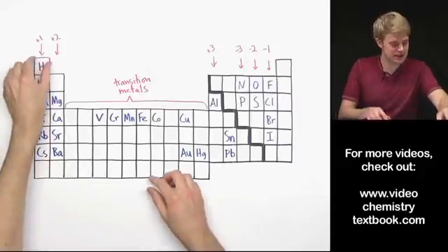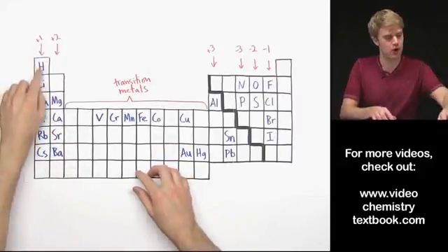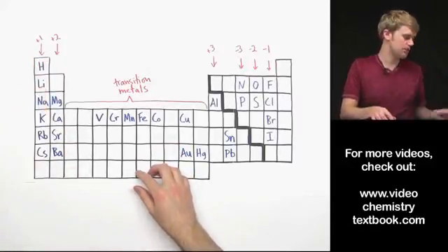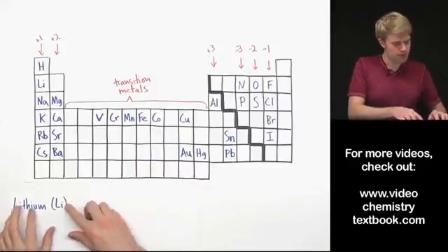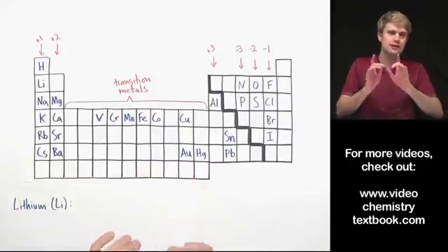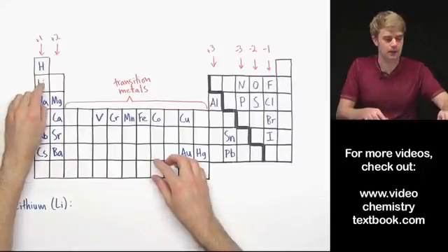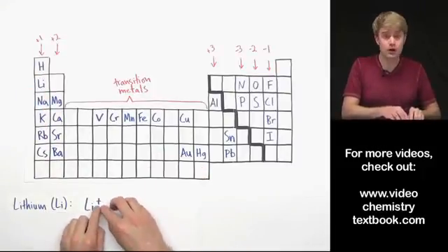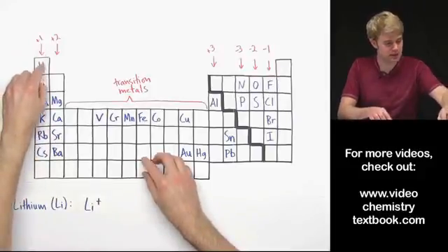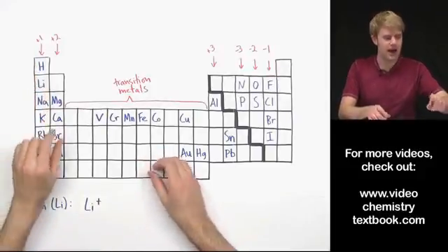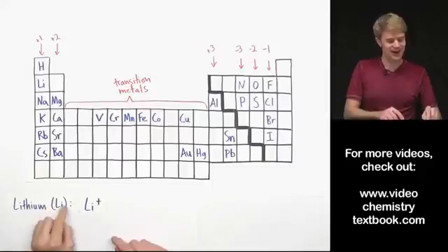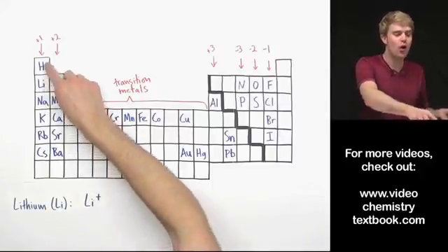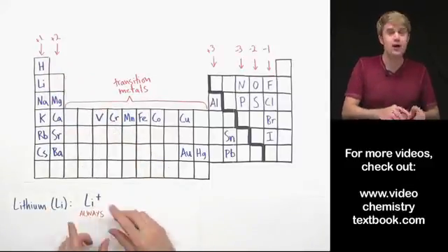Let's start by taking an example that's not a transition metal. We'll take lithium in this column here. When lithium forms an ion, we know that that ion is going to have a +1 charge, and that's because lithium is in this column. Every single ion that lithium makes is always going to be +1.